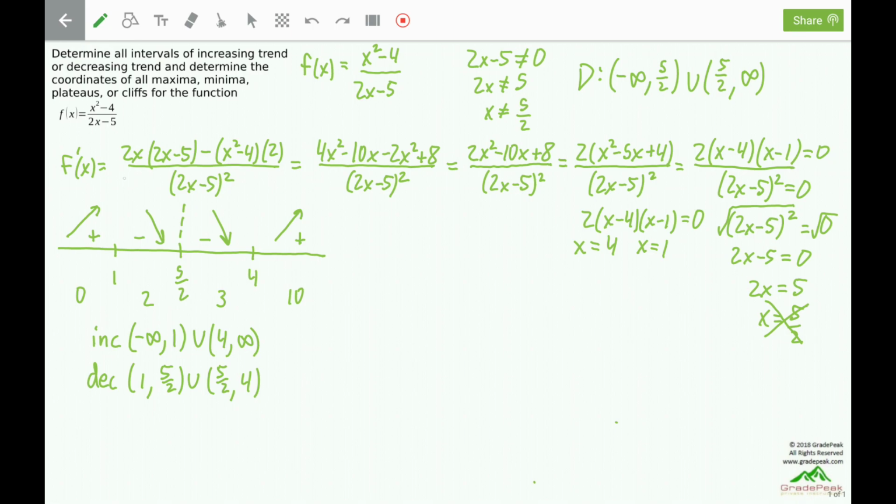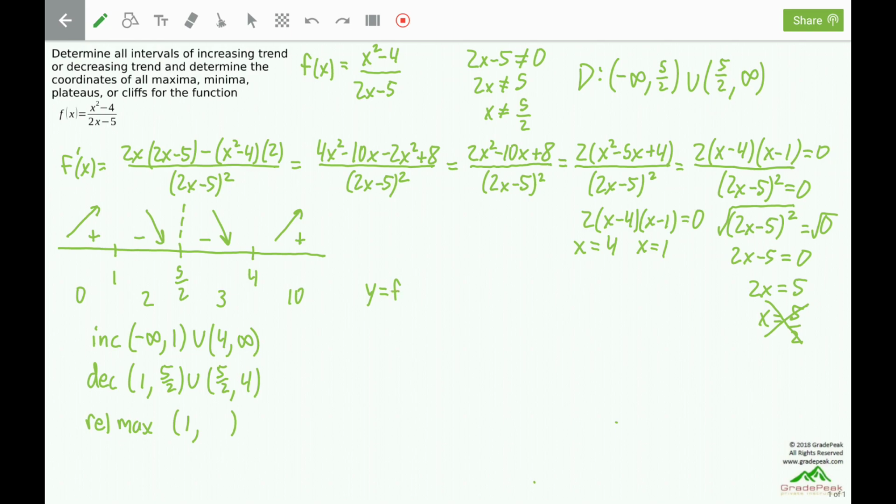Right at the critical number of x equals 1, we have a trend change from increasing to decreasing, and that means x equals 1 will be a relative maximum. So it has an x-coordinate of 1. It has a corresponding y-coordinate that can be found by plugging the 1 into the original function.